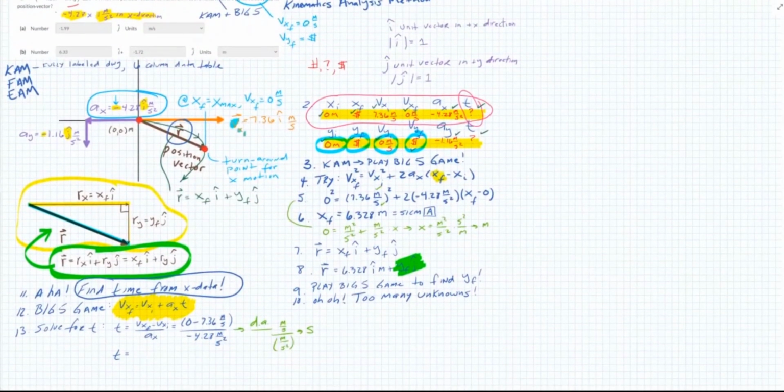Let's get a number. 7.36 divided by 4.28. I have a number. Store alpha B. Again, that's 7.36 divided by 4.28. Okay, so I get a number.